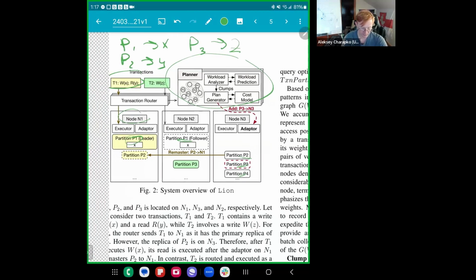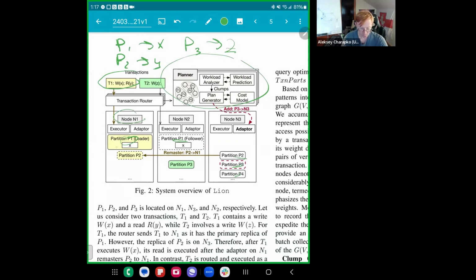And it happens to be the case that node 1 is the leader for partition 1, and also a follower for partition P2. Right? So in that case, what this system does, what Lion does, is take the partition P2 and transfer the leadership from the old leader. So this is the old leader.